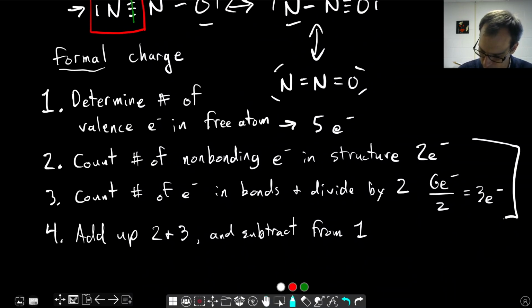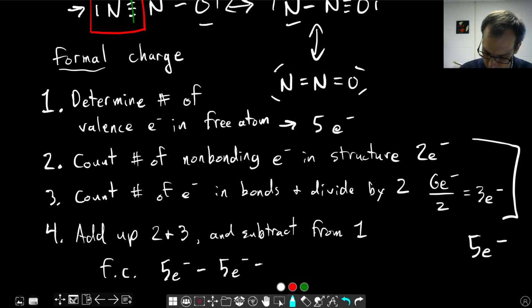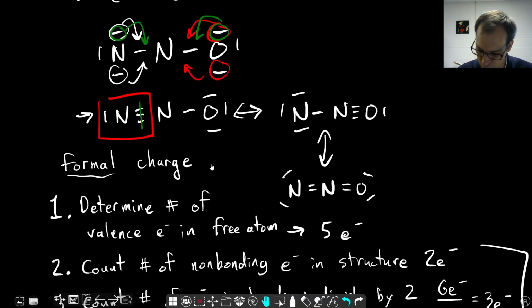Add these together, we get 5 electrons, and so our formal charge on this particular nitrogen is 5 electrons minus 5 electrons, which is equal to 0. With formal charges, we often write them onto the structures just to keep track. This one would not get a charge put on it. Okay, so that is our formal charge for that nitrogen.